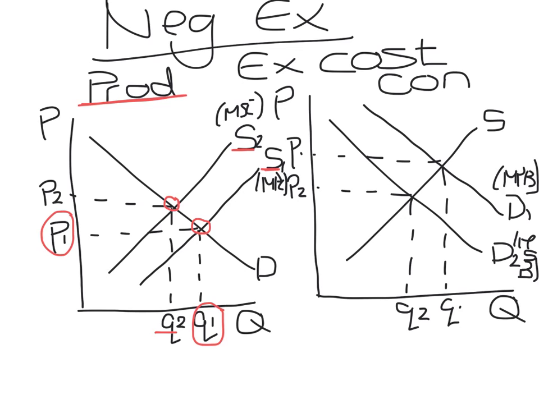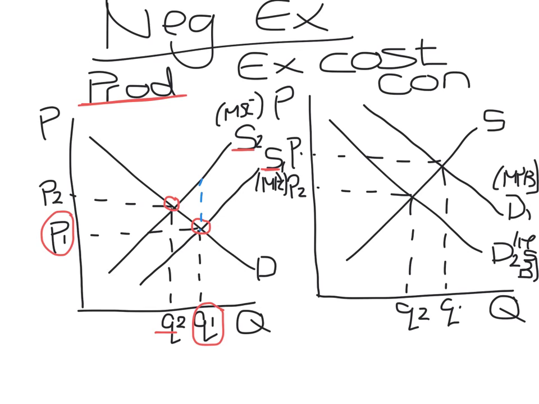Now, if you want to represent the welfare loss, and this is a tip for any of these externality diagrams that you do, even for the positive ones, if you go from your actual equilibrium, and then you either have to go upwards or downwards, but you look where the other curve is, and in this case it's upwards. Go upwards till you meet that.